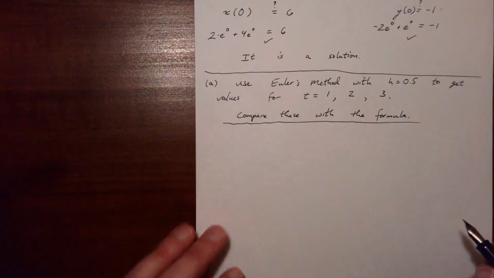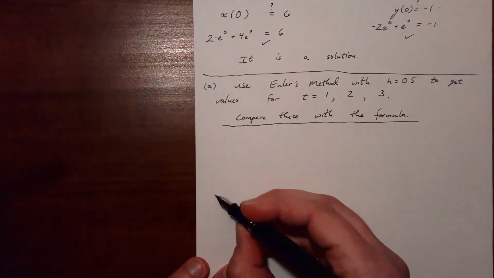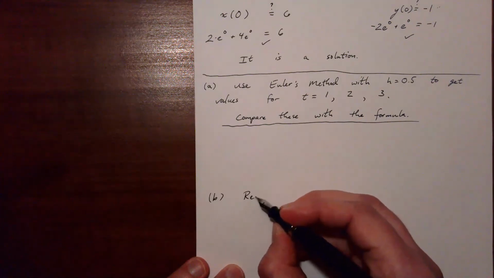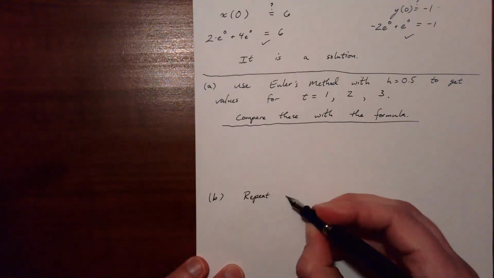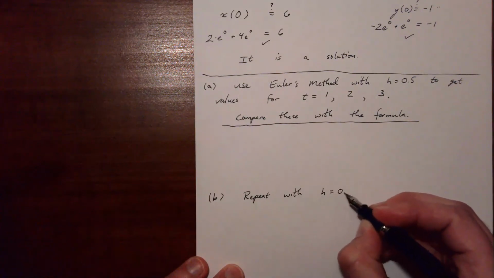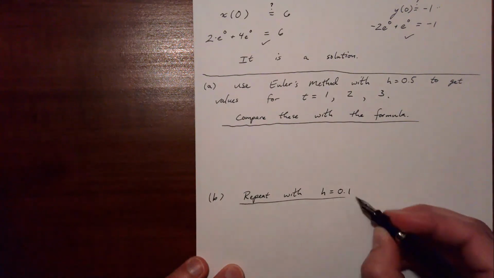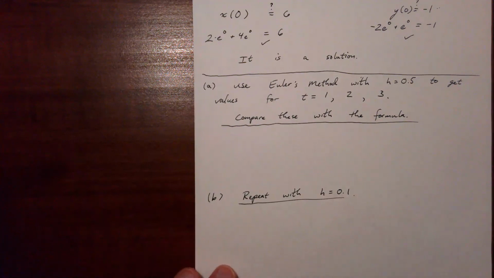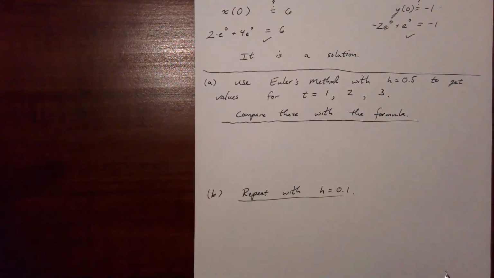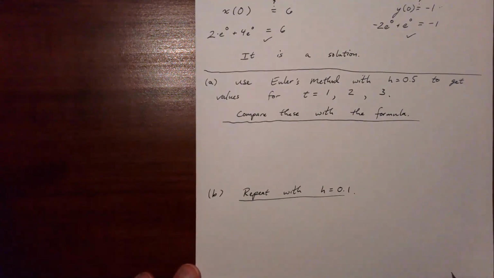All right, and then B, we can say repeat with h equals 0.1. All right, well, what we can do here is switch over to technology, and we can use the technology to actually do both parts of these.